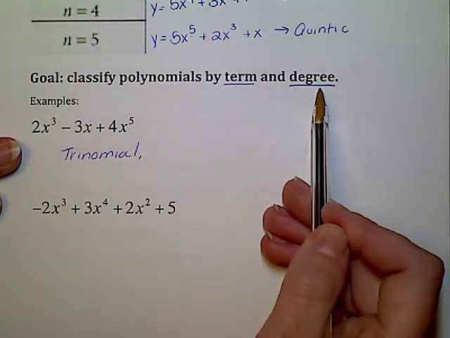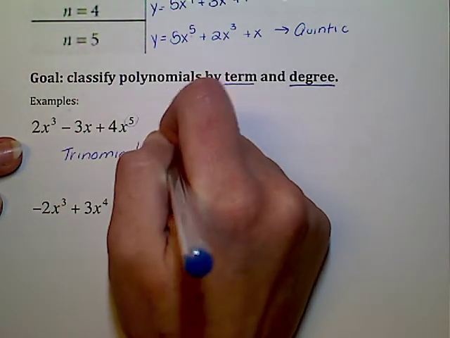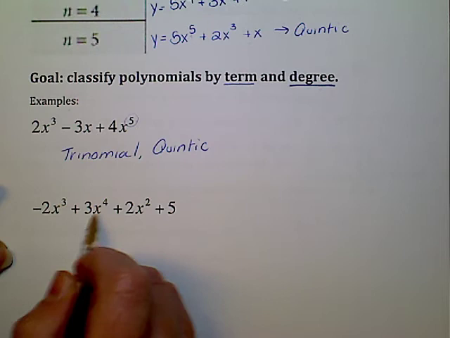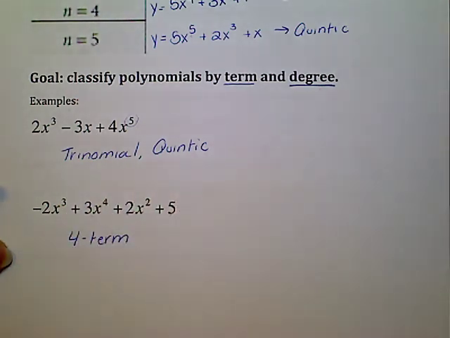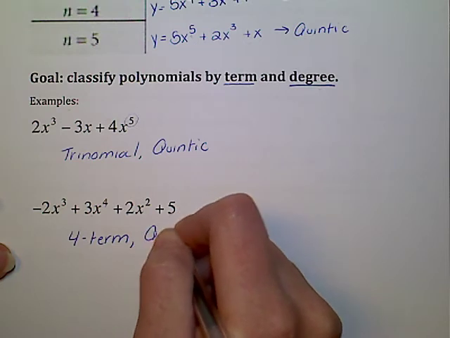The degree is the highest exponent. We see an exponent of 5, so that makes this a quintic. Down here, we have 1, 2, 3, 4 terms. There's no special name for that, so that's just a 4 term, but it's also a highest degree of 4, so it's quartic.